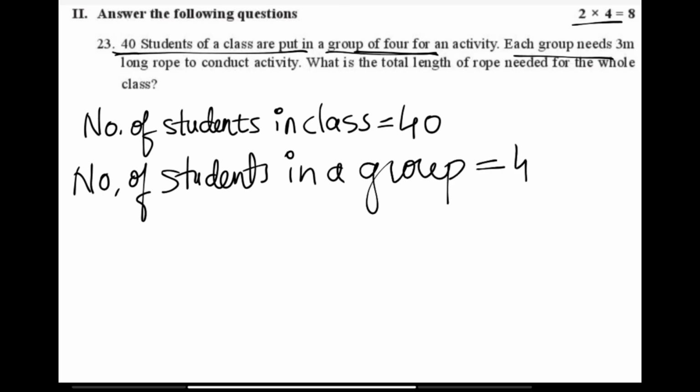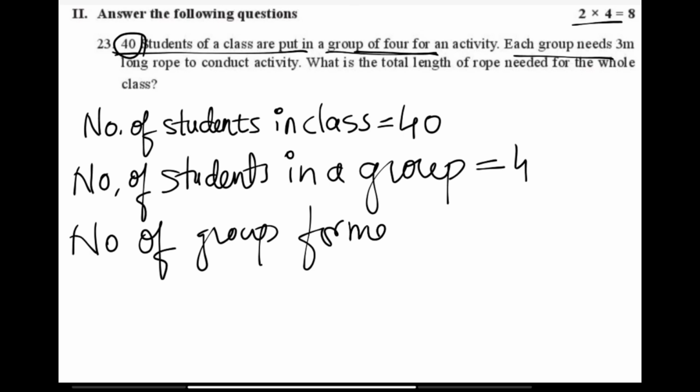Now you have to find out the number of groups formed. How many groups are formed by taking the 40 students? So we'll write here number of groups formed.